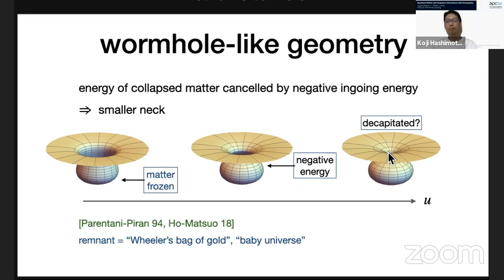I see. But that's why people like Andrew think this is no big deal. This is nothing special. You don't have to worry about information loss because it's just not accessible. It's not lost. I see. So you are going to show that there could be a loophole in this scenario. Okay, thank you.